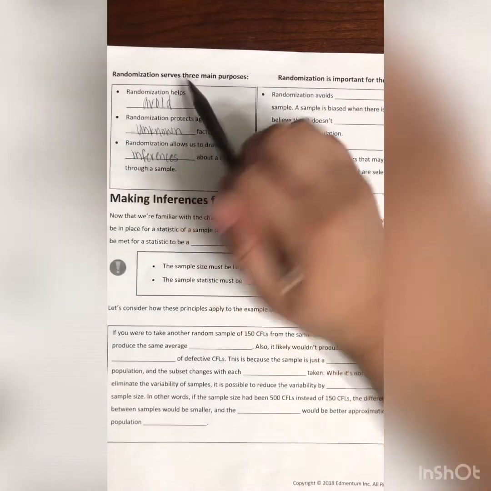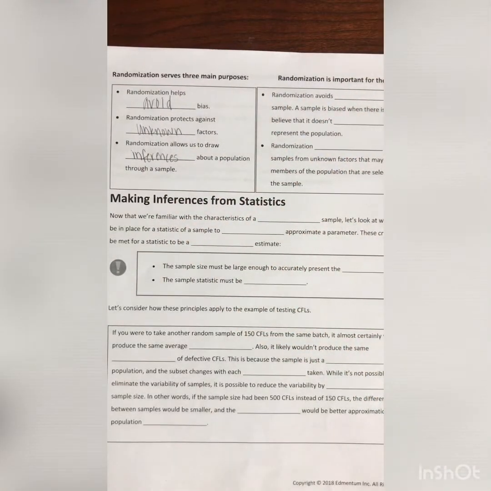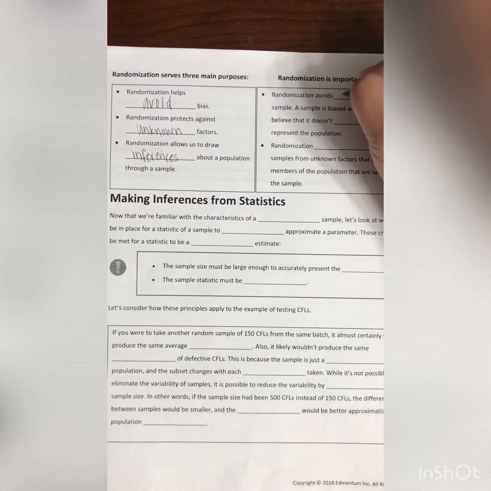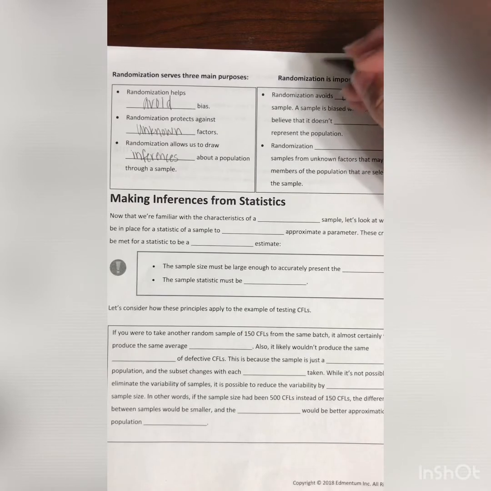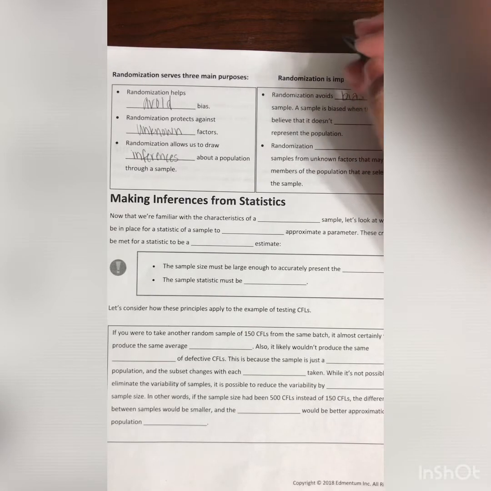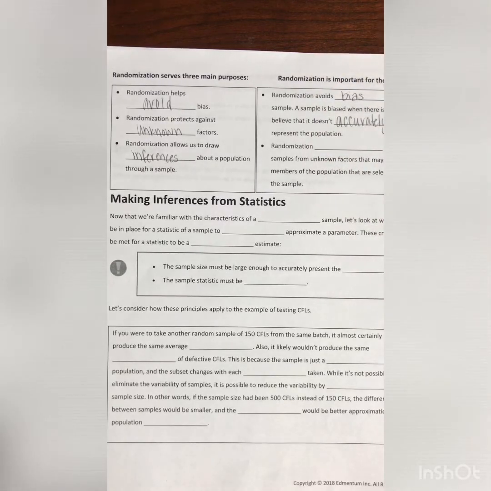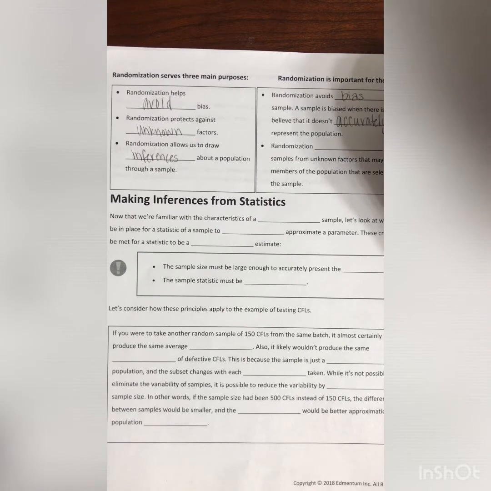Okay, randomization, and this is basically repeating what we just wrote. So randomization serves three main purposes, and these are the important things for randomization. It avoids bias, we just wrote that. A sample is biased when there's reason to believe that it doesn't accurately represent the population, which we talked about already.